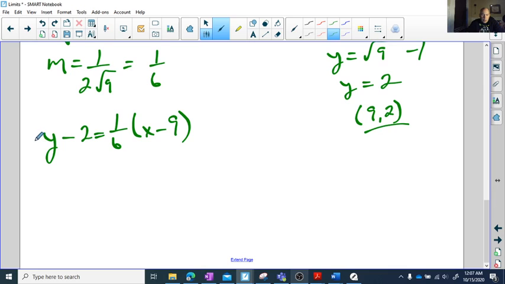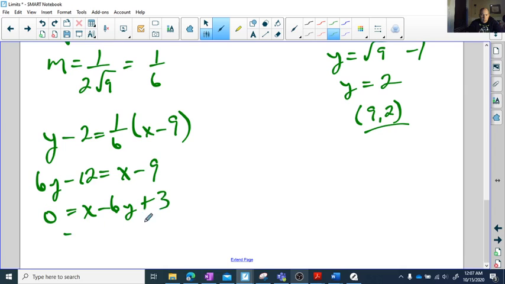I'm going to go standard, so I'm going to multiply everything by 6. 6y, subtract 12. Get rid of this 6, you'll have just x minus 9 left here. X is positive, so we're going to move these two over. X subtract 6y plus 3. There's the equation of the tangent.